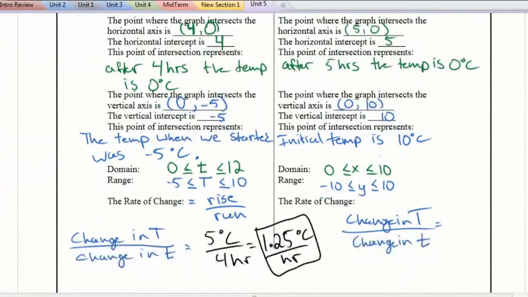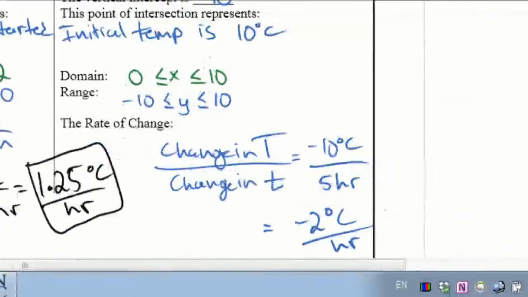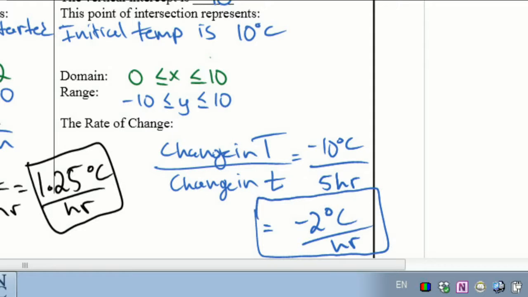So the change in temperature is negative 10 degrees Celsius divided by a time of 5 hours. So what's happening is we're going down 2 degrees Celsius every hour. And that is our rate of change.